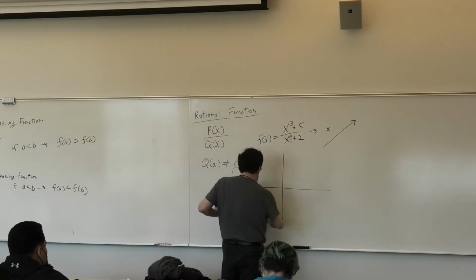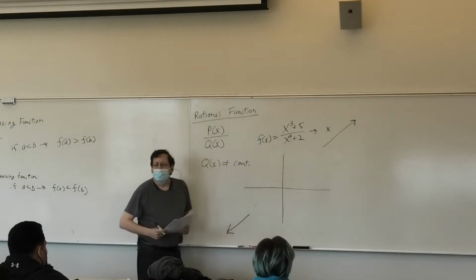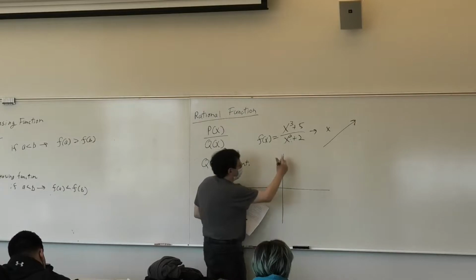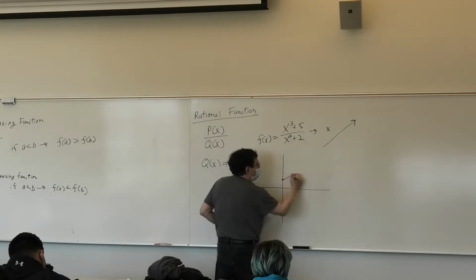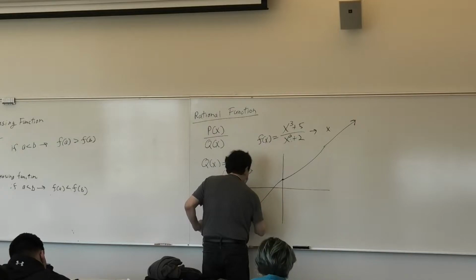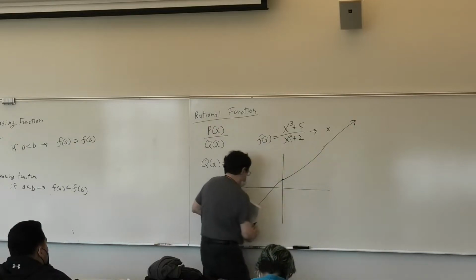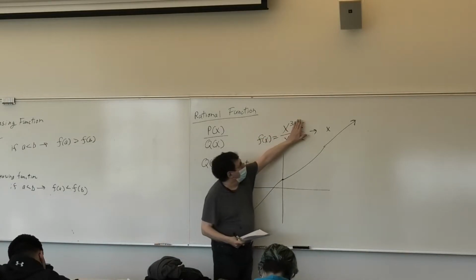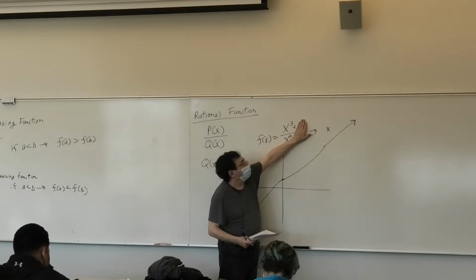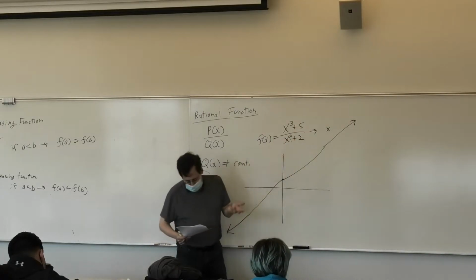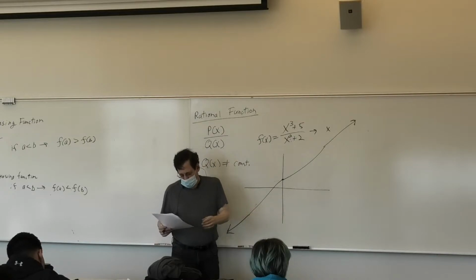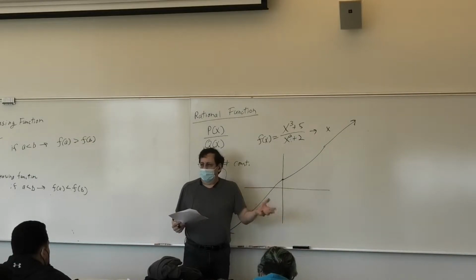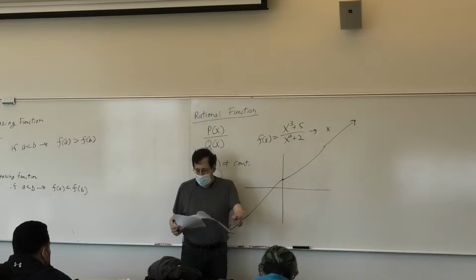What happens between here and here is a different question. We can see that at 0, it's 5/2, so it's going to go to this point and curve a little. But these are its end behavior, and you can tell the end behavior pretty easily by just looking at the leading term. There's a lot more to say about this, but if you're unfamiliar with it, we can talk about it in a different venue. All right.